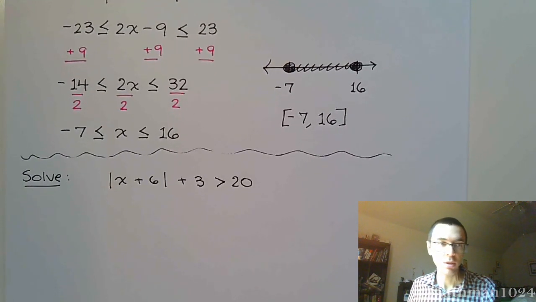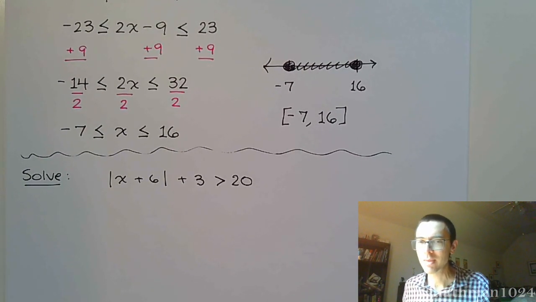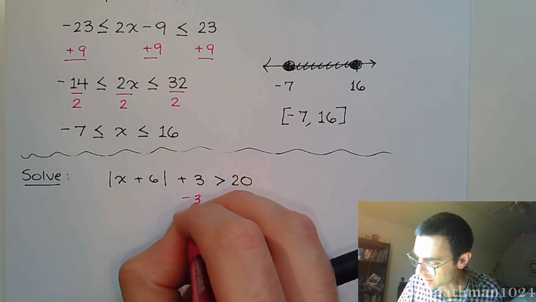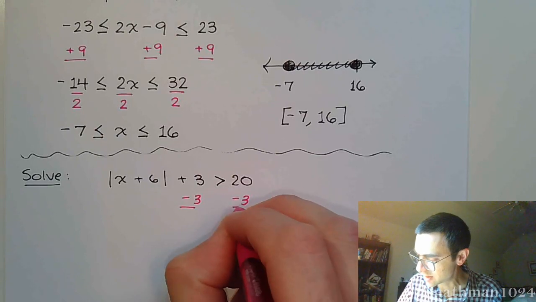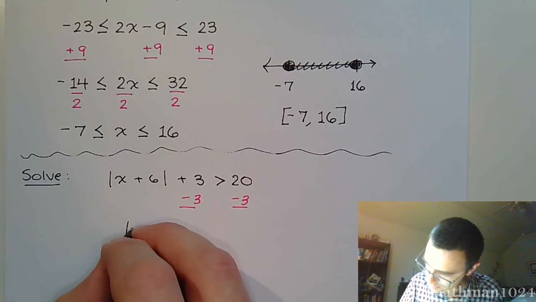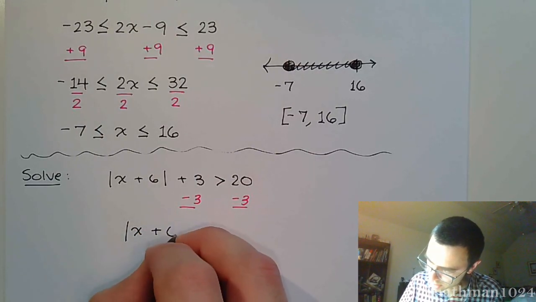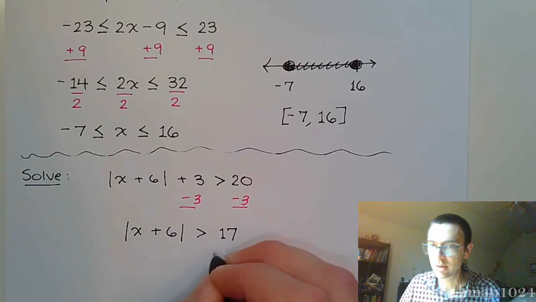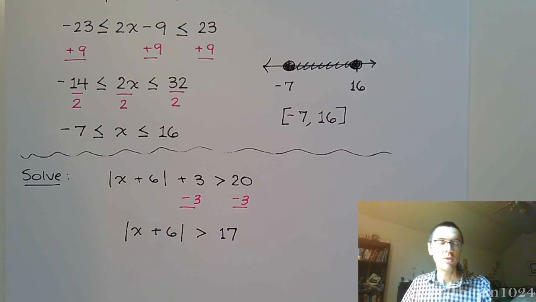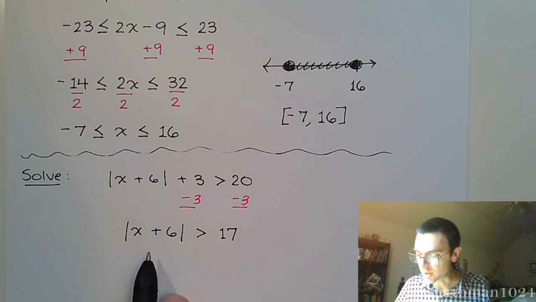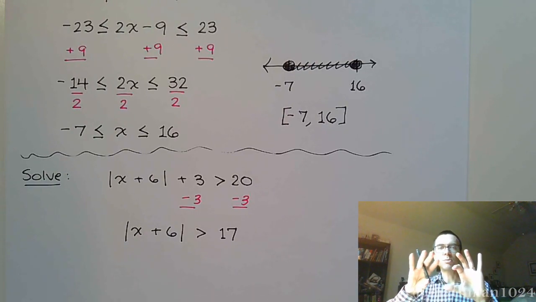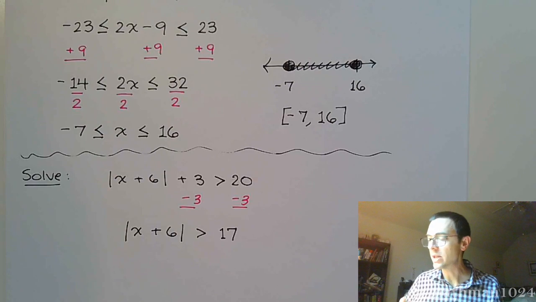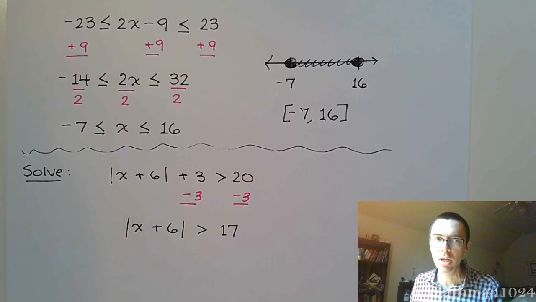So the first thing we're going to do is move the 3 to the other side. So subtract 3. The absolute value of x plus 6 is greater than 17. The absolute value is by itself, and we say the distance is greater, which means I want to push people away. This is social distancing. I need your distance to be more than 17 units.